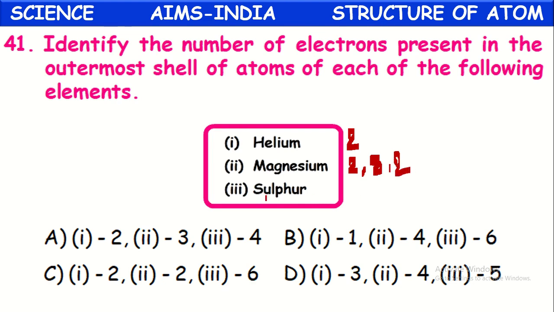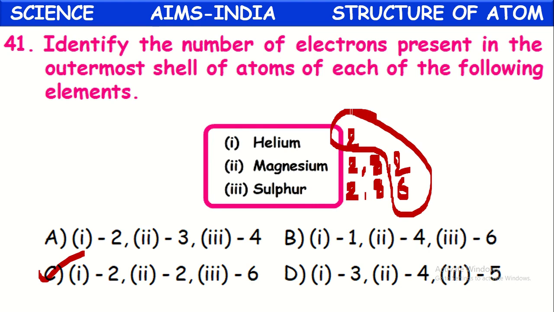And for sulfur, atomic number is 16, and the configuration becomes 2, 8, 6. Now helium has 2 electrons, magnesium has 2 valence electrons, and sulfur has 6. So 2, 2, 6. Where is it? Here. It is the correct answer. Got it? They are just asking about valence shell electrons.